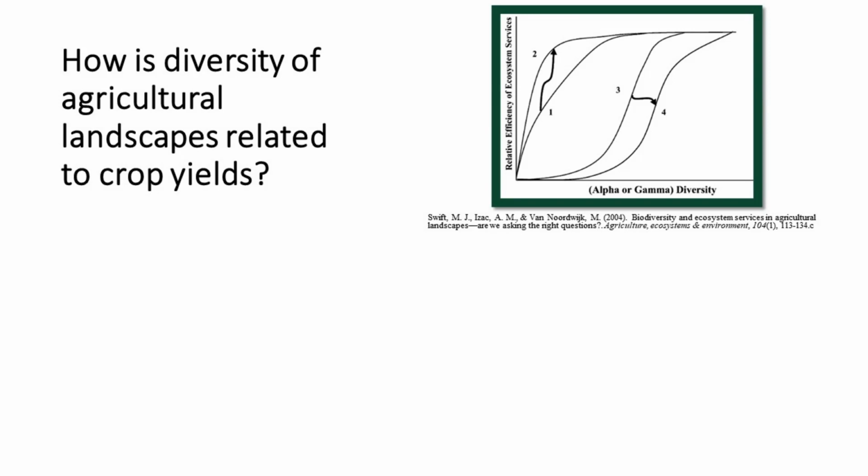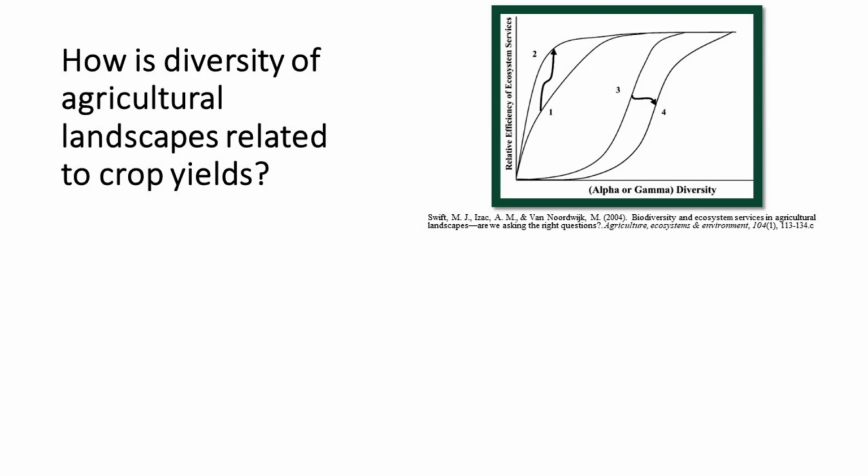Curves 3 and 4, however, represent what is expected to happen when we look not just within field or within plot, but across farms and across entire regions. When we start looking at these larger landscape scales, we believe that much larger increases in diversity are necessary before we can realize significant gain in ecosystem services.